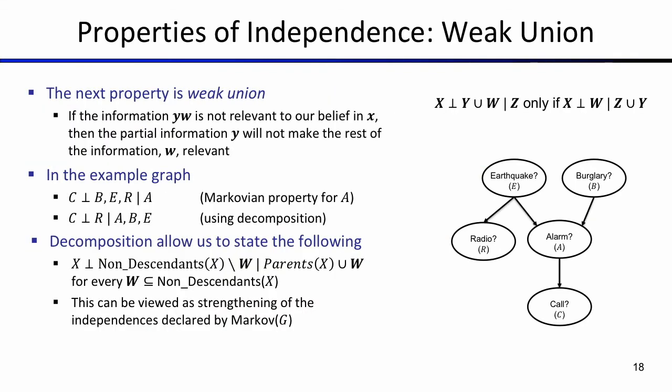And the next property is called weak union. Weak union says that if X is independent of Y and W given Z, it means that X is independent of W given Z and Y. Just as one example, we can take the Markovian assumptions for variable C. C is independent of all the non-descendants, the R, E, B, given its parent A. And using weak union, we can move some of the variables that we have here to this side, as long as we keep A in that place.